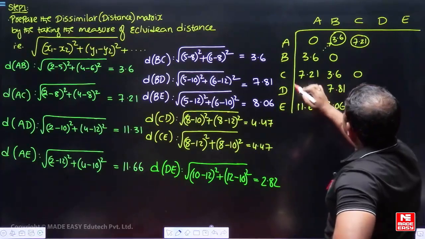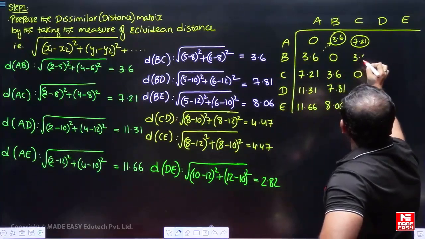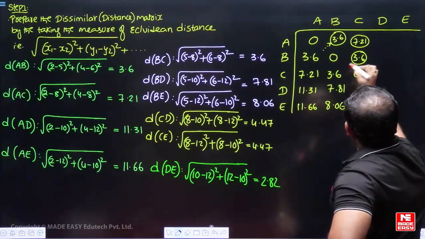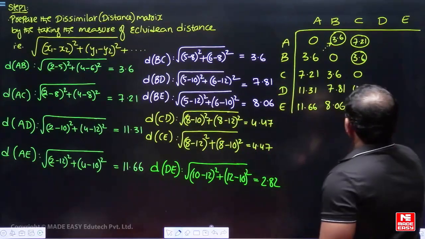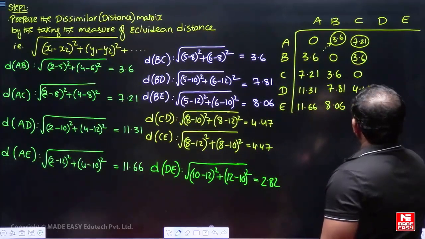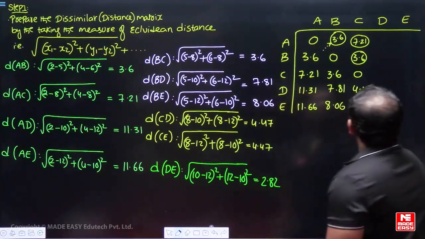Then BC and CB values are the same, 3.6. This is common, right? That is the reason CD and CE are 4.47, 4.47.